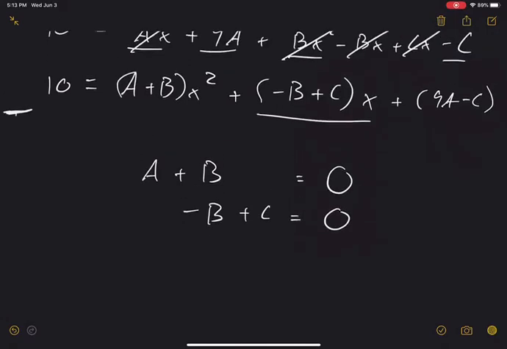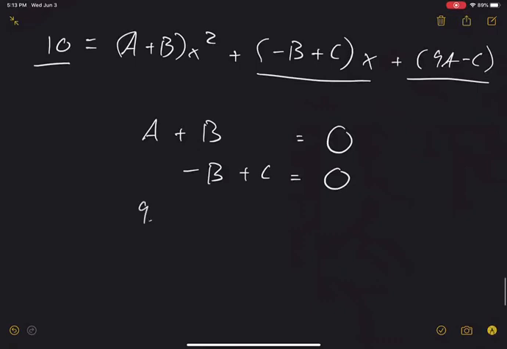I have a 10 on the left side, and then I have 9a minus c on the right side. So I know 9a minus c equals 10. And notice how I've written everything in nice lines where all the a's are in the same column, all the b's are in the same column, all the c's are in the same column. That's going to make this system of equations method just a bit easier.